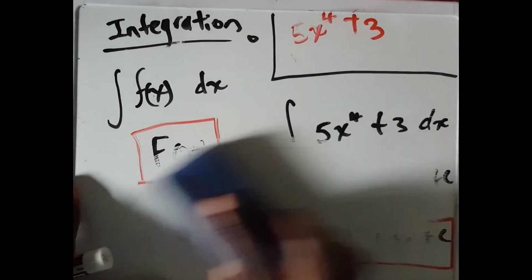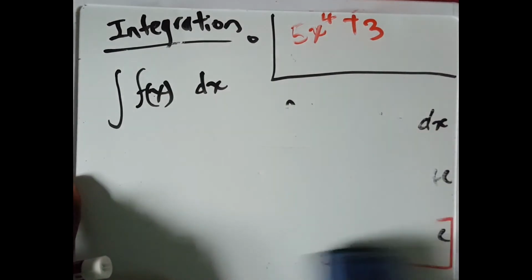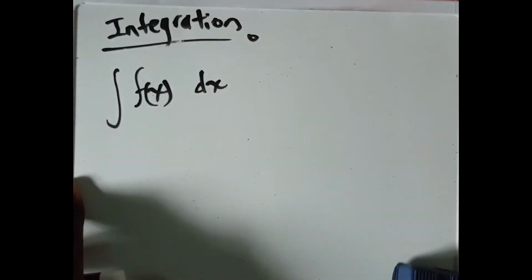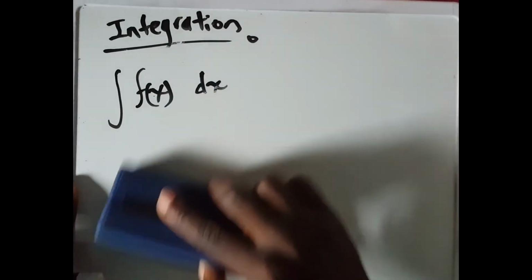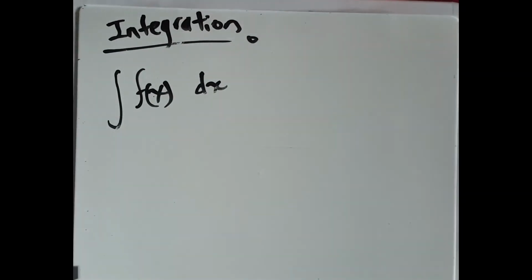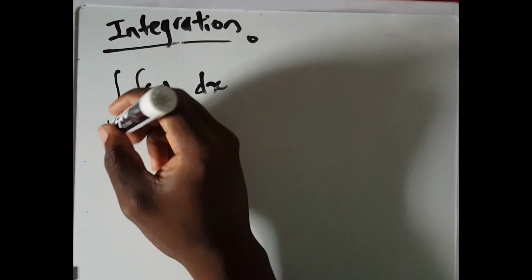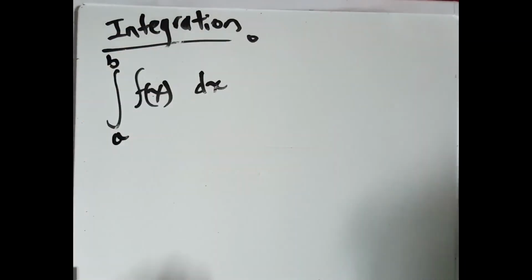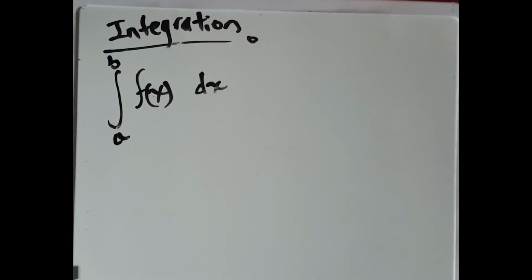Now definite integration, you'd have what we call limit of integration. And I will show you these graphically as well. So the limit of integration, so you'd have actual values here. So my a and b would be limits.